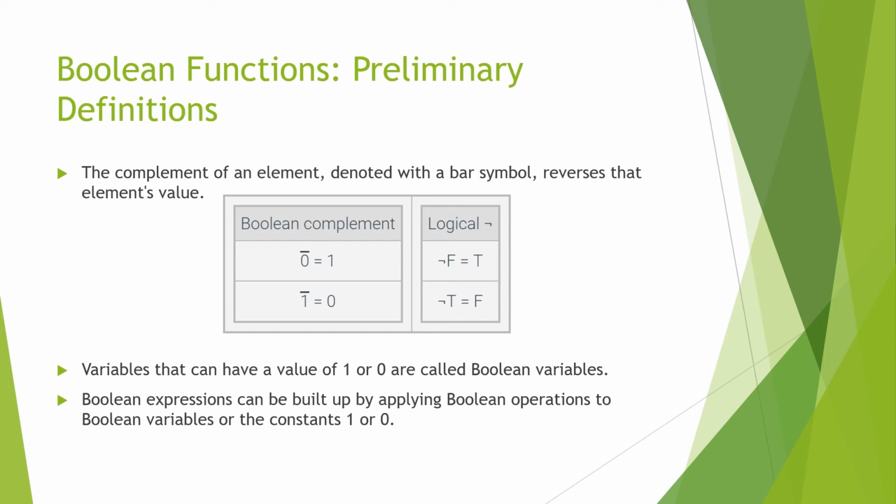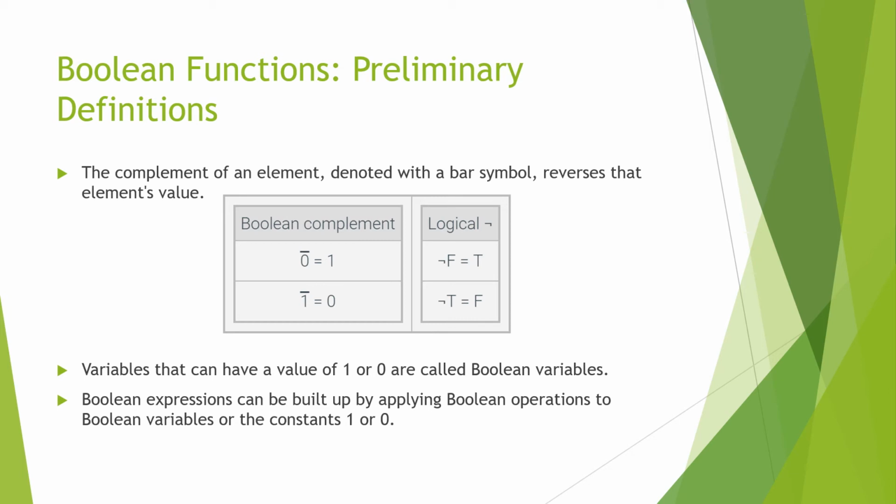Next, I'm going to define some terminologies. Variables that can have a value of 1 or 0 are called Boolean variables. And Boolean expressions can be built up by applying Boolean operations that we have seen so far, like complement, addition, and multiplication, to Boolean variables or to the constants 1 or 0.